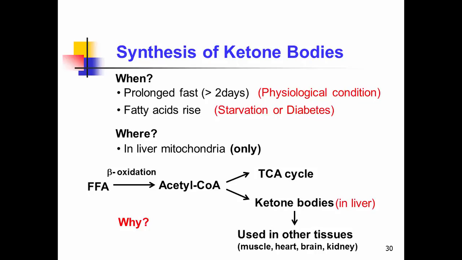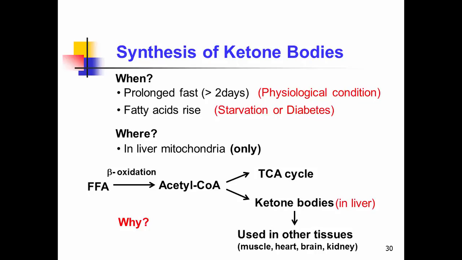The reason I also wanted to ask is why we need to make ketone bodies, why we cannot just use the fatty acids, right? Since fatty acids are such efficient energy generators.